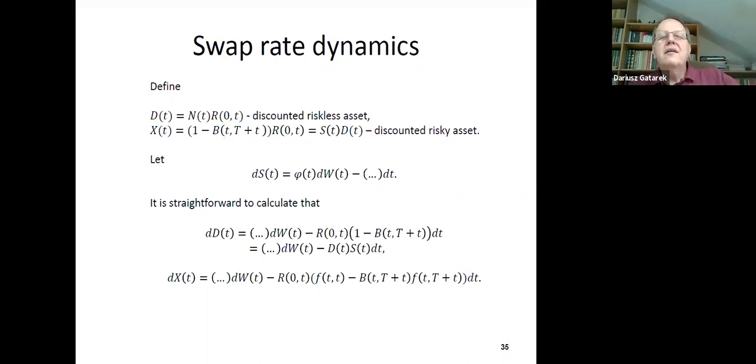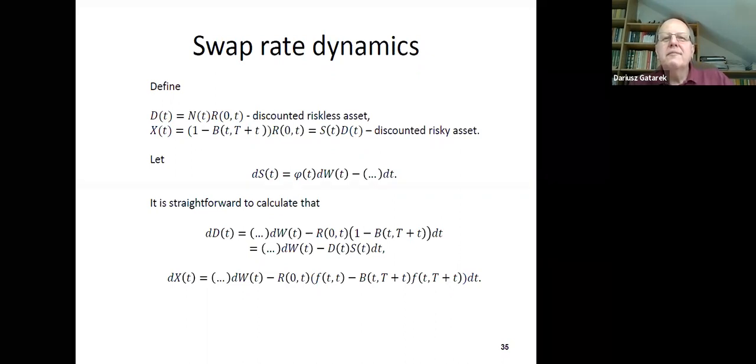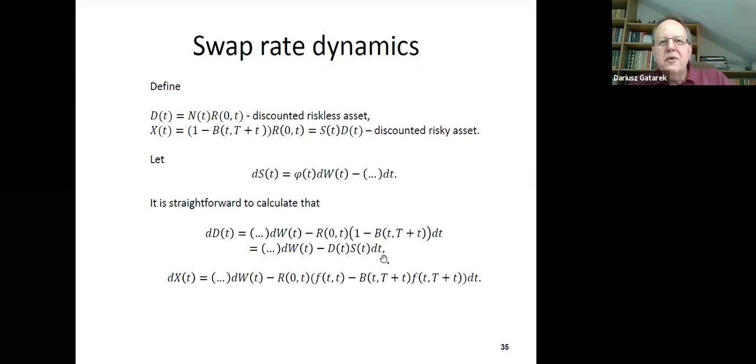And again, let us use the Ito formula, which during this lecture was used probably 100 times. So for D, this formula, trust me, was calculated, published and reviewed, so that term should be true. And this is the Ito differential for the risky asset.